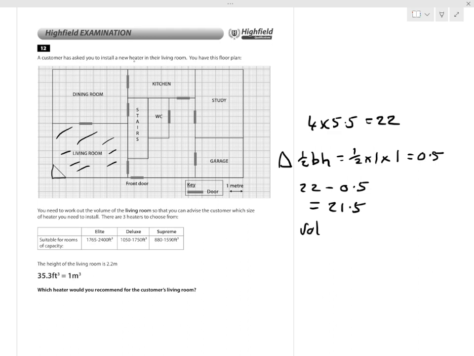Now the volume is 21.5 times the height of the room, which they've told me is 2.2. So 21.5 times 2.2 is 47.3 volume, meters cubed. Now the feet is that, right? So we need to do 35.3 times 47.3.